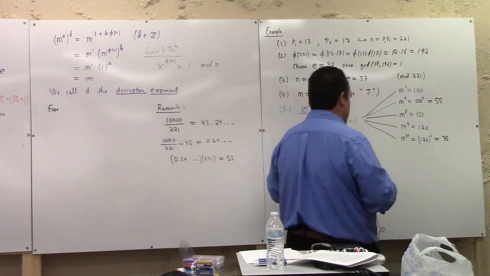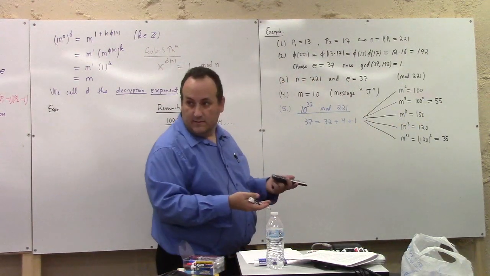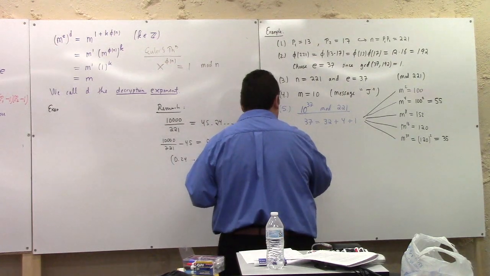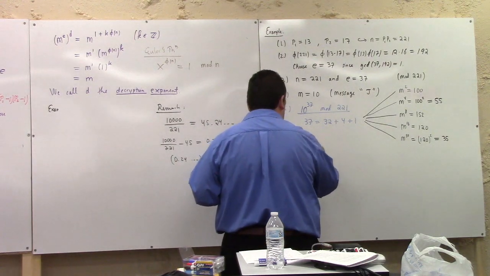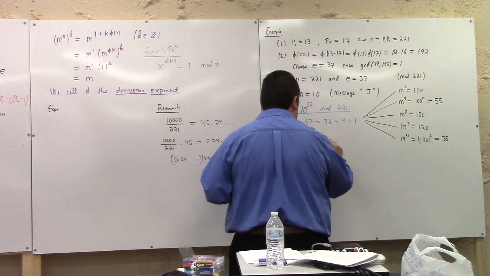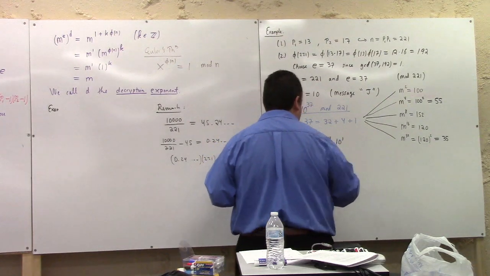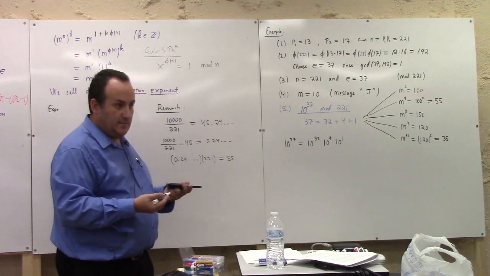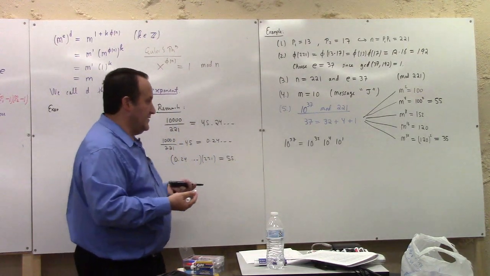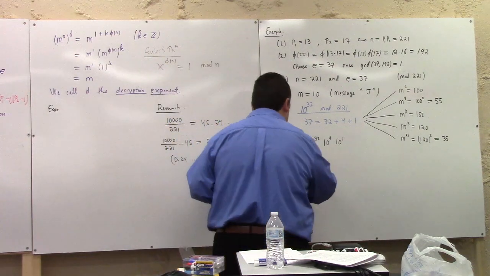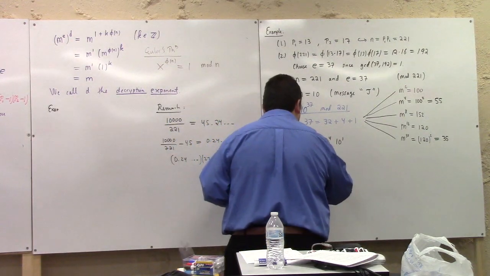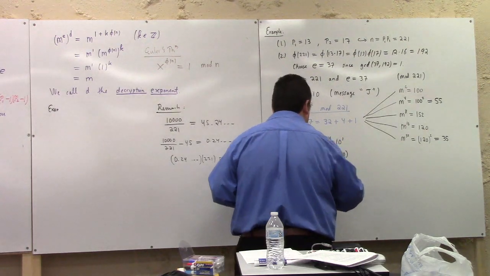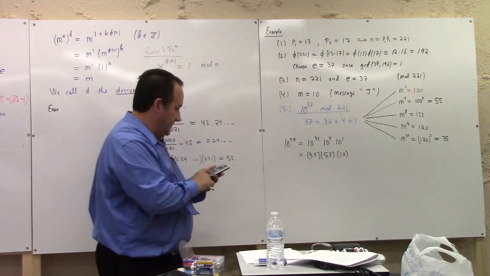All right, now I have everything I need to calculate this, because 10 to the 37 is equal to 10 to the 32 times 10 to the 4 times 10 to the 1. I'm calculating mod 221, so I know that's actually 35 times 55 times 10. You can multiply those, they're not big.